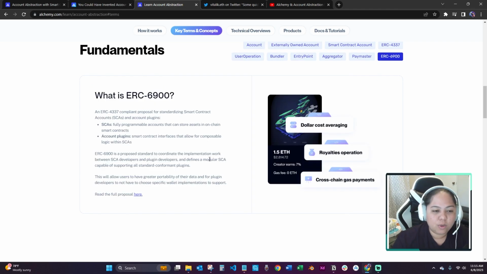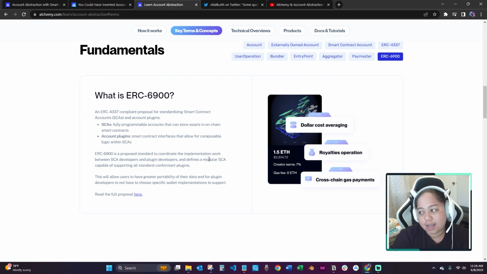All right, so what is ERC 6900? ERC 6900 is the next step in this proposal process, where once ERC 4337 has been adopted and gone through and everyone likes it, hopefully, fingers crossed, Ethereum will adopt ERC 6900, which is a new proposal that actually puts the standardization of the smart contract accounts on chain.